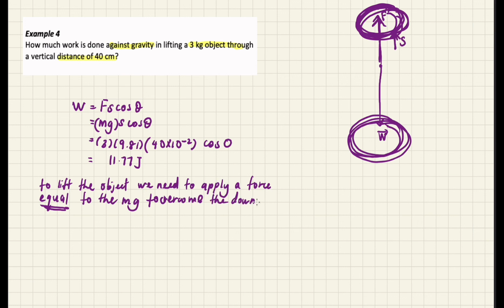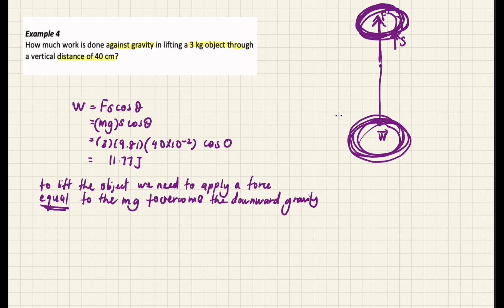So for us to overcome the downward gravity, we need to apply a force equal to the weight. Okay, so kita perlukan force yang sama dengan mg, sebab itu work done against gravity. So this is for example 4.